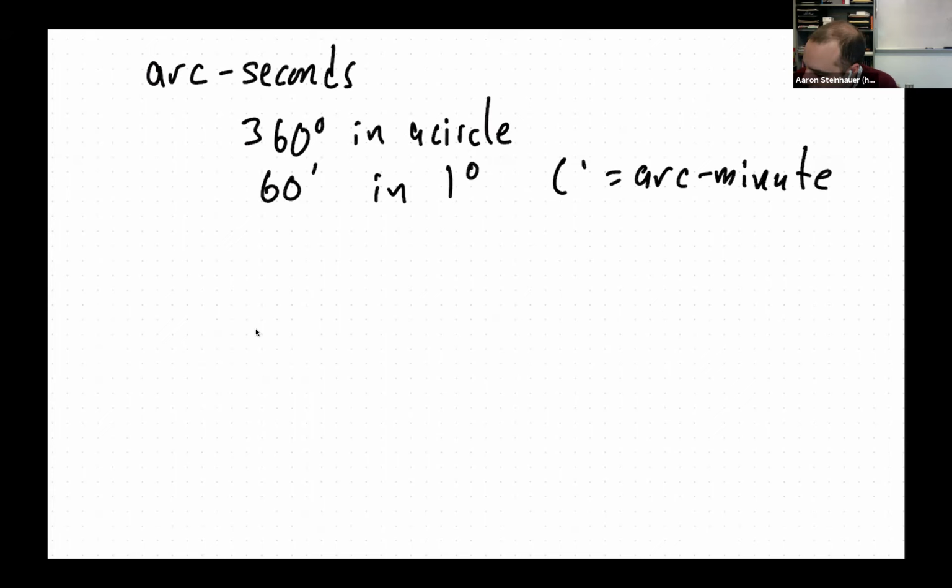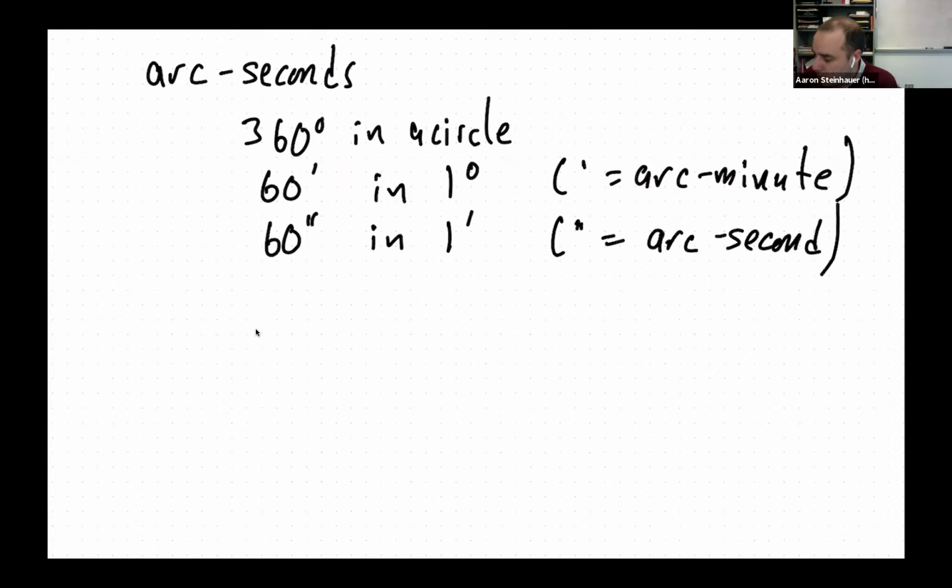You'll see it written both ways, but this is way easier than writing arc seconds. And of course, there are 60 arc seconds in 1 arc minute. And this is an arc second. So it works very similar to minutes of time and seconds of time, in that there are 60 minutes in an hour, a 60 division of the big one, and then seconds is a 60 division of the minutes.